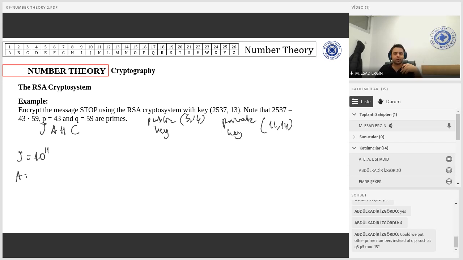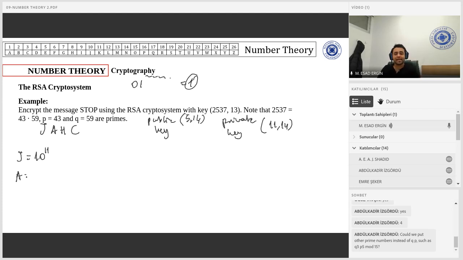I'm going to explain and I'm going to share with you other examples too. But here, for example, if we have JAHC, this is the private key. But in your word, if there is an A, you shouldn't use 1, because power of 1 or whatever the number is, the result will be 1. So you cannot encrypt the 1 according to your public key or your private key.